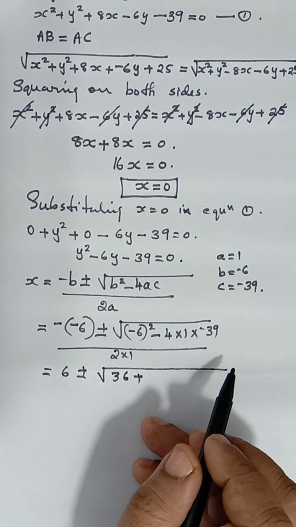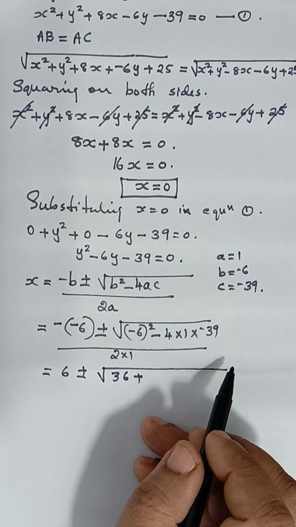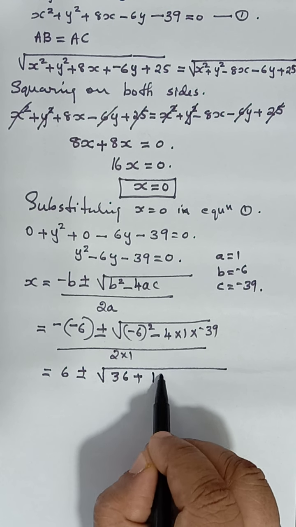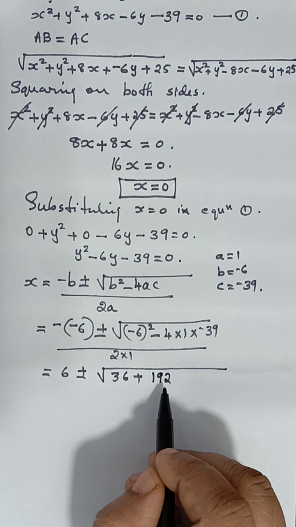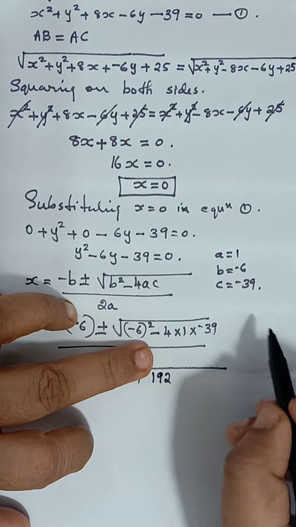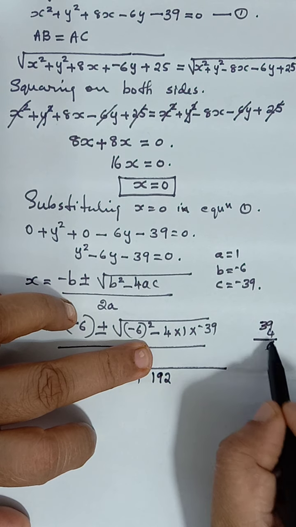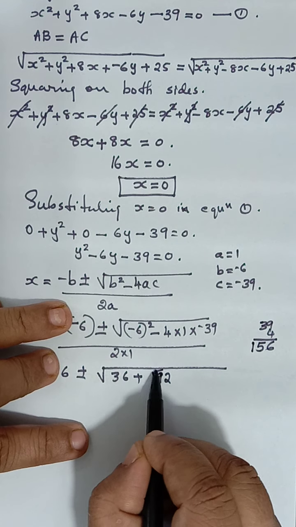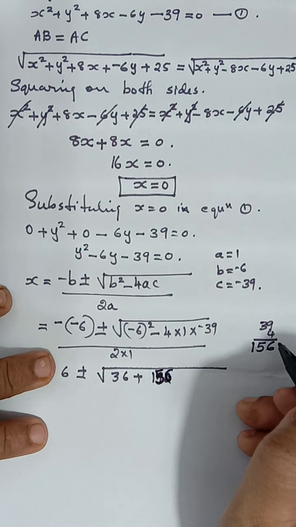What is 4 into 39? We have to multiply. 39 into 4 is 156. Here we have 156.